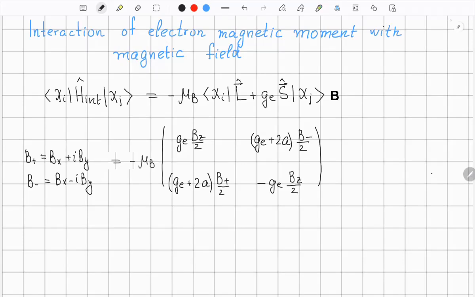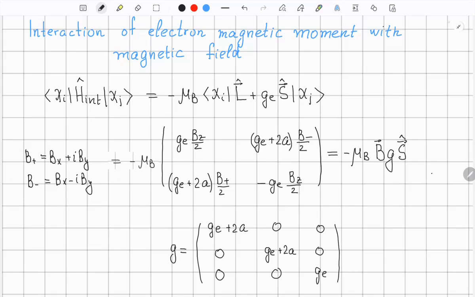This matrix can conveniently be rearranged as a product of the magnetic field vector B, a tensor, and a vector spin operator. Naturally, the Bohr magneton also appears in this expression. The tensor denoted here by G is commonly referred to in the literature as the g-tensor. We observe that it has different diagonal elements.